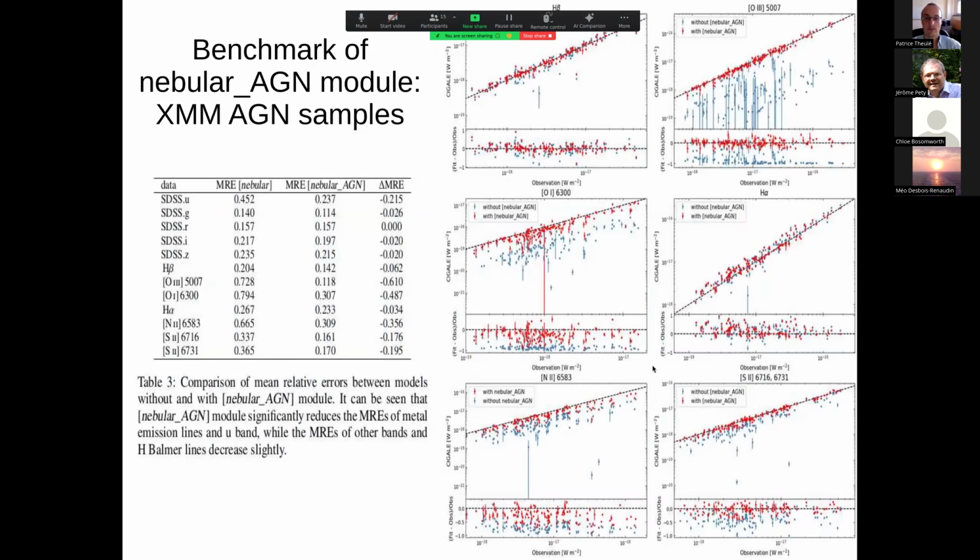Then we compare observation to our modeling with, in red, and without, in blue, the AGN spectra. You see that adding the line emission from the AGN reproduces the observations much better.